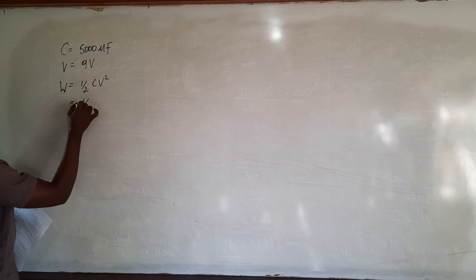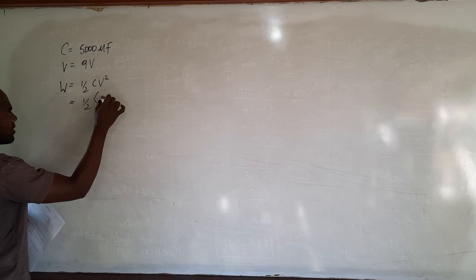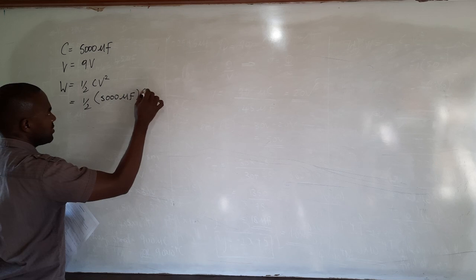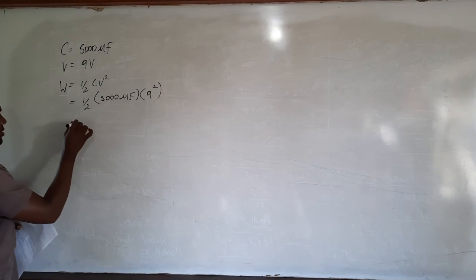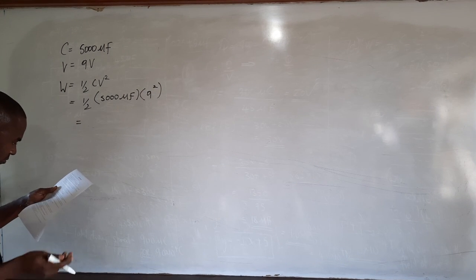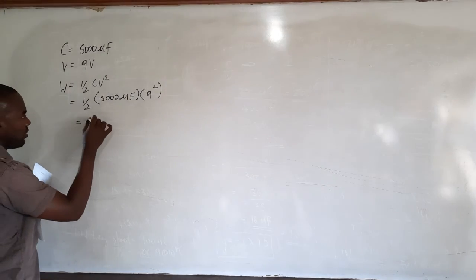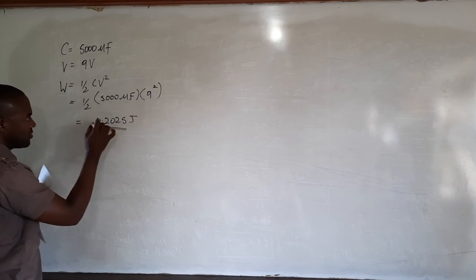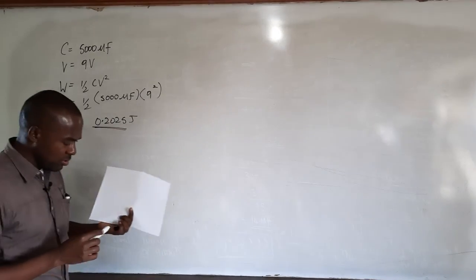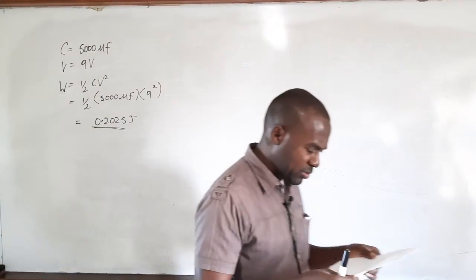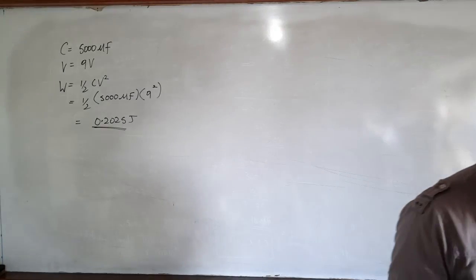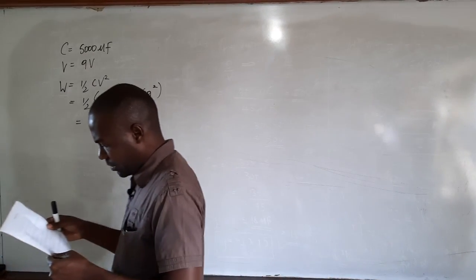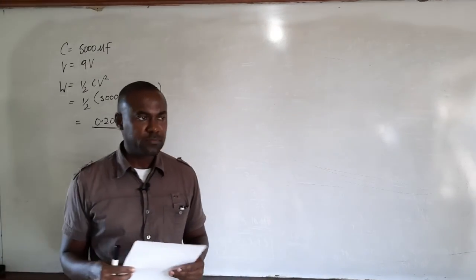So this gives us a half times 5000 microfarads times 9 squared, approximately 0.203 or exactly 0.2025 joules. So the exact value of the energy stored by this capacitor is 0.2025 joules. Alright, so that was number 4.